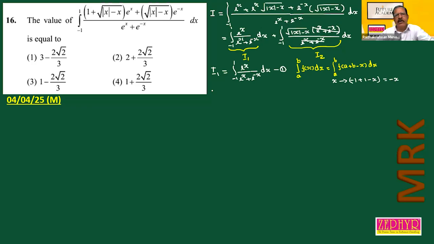So I1 also is equal to, wherever x is there, I am writing minus x. So numerator you have got e raised to minus x, denominator e raised to minus x plus e raised to x dx.